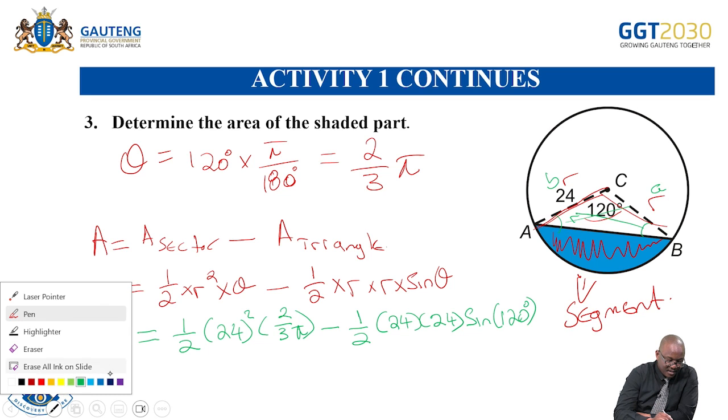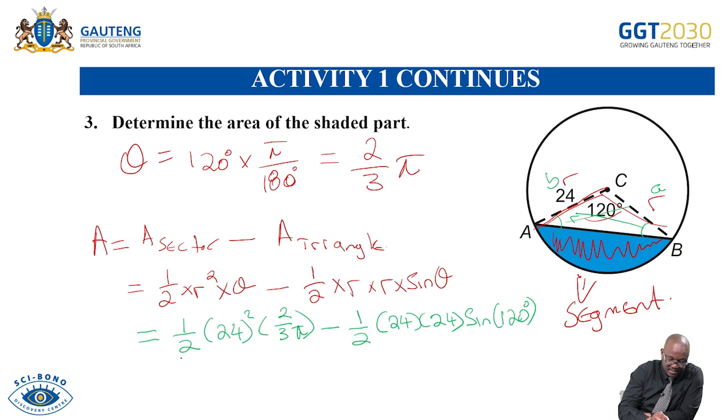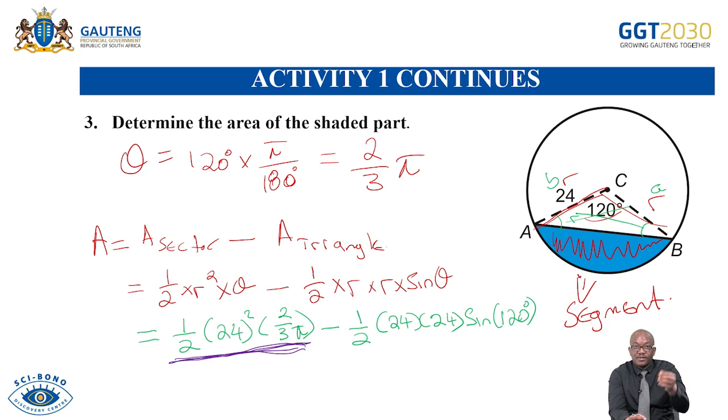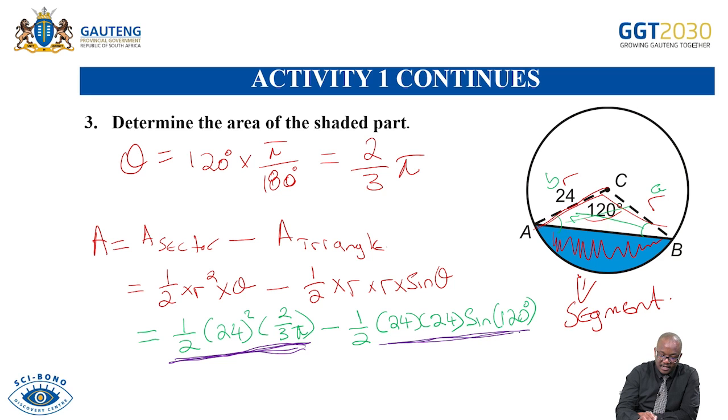There are two different things there. For the area of a segment, the angle must be in radians. And when we determine the area of the triangle, your angle will be in degrees.